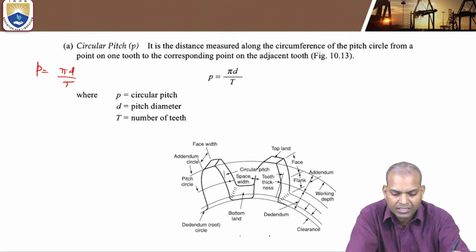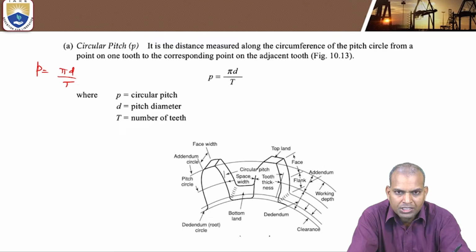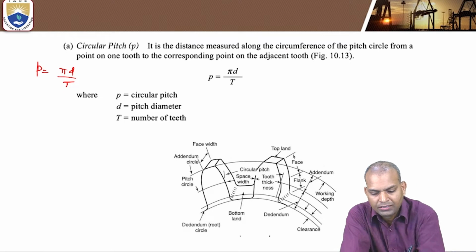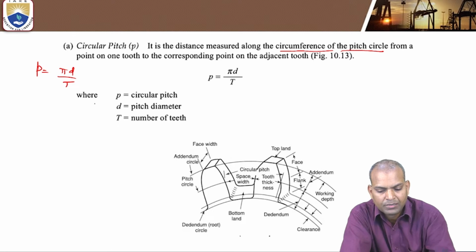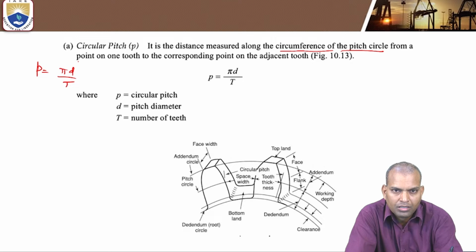What is the meaning here? Pi d means pi times diameter, that is 2 pi r, the circumference. It is the distance measured along the circumference of a pitch circle from a point on one tooth to the corresponding point on the next tooth. That means the circumference of the pitch circle per tooth is known as circular pitch.